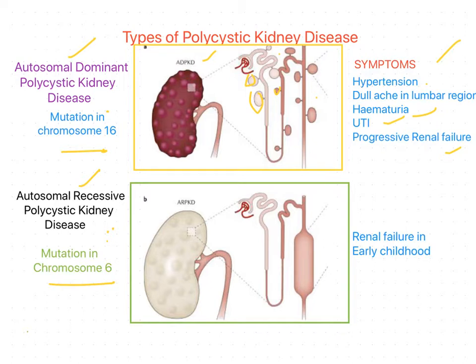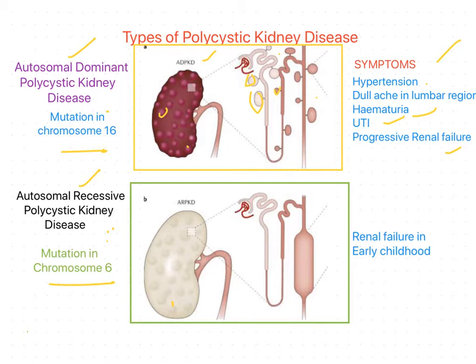In this type, the kidneys are enlarged bilaterally and have a smooth external surface, whereas in the polycystic adult type you can find a number of cysts on the surface, but here in this polycystic kidney the external surface is smooth and it also retains its normal shape.